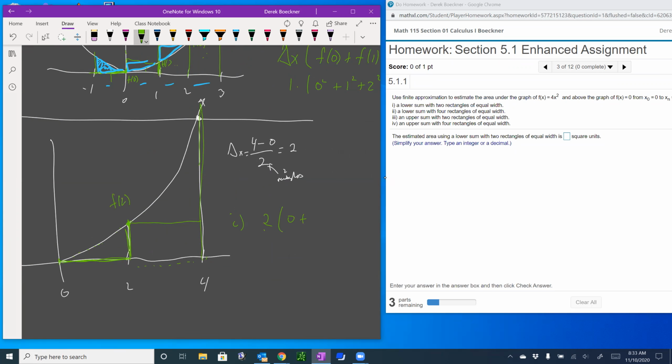So 2 times 0 plus, the f is 4x squared, so 4 times 2 squared. That's going to be 2 times 16, 32. So my lower estimate for the area on this one is going to be 32.